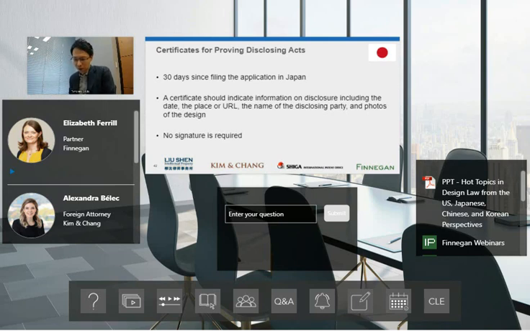It is indeed permitted to sign the certificate, but if a certificate is signed, the JPO would require you to submit the original. So you need to send us a hard copy. So we recommend submitting certificates without signature.